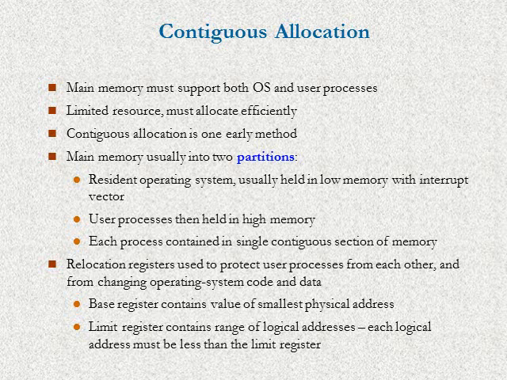Also, as probably you remember, in the previous lecture we discussed the concept of base register, limit register, and the relocation register, where they are used to protect one user process against illegal access from the other processes. So the base register contains the value of the smallest physical address that can be accessed by a process. Likewise, the limit register contains the largest possible address that can be accessed by a particular process.